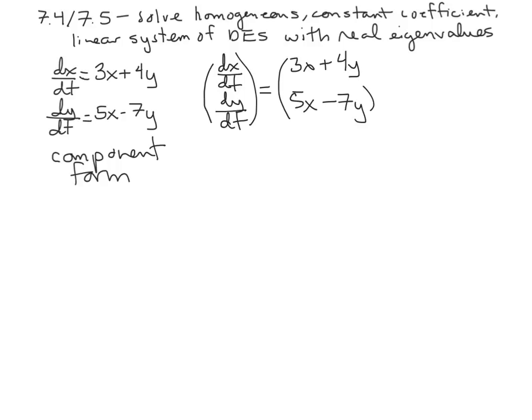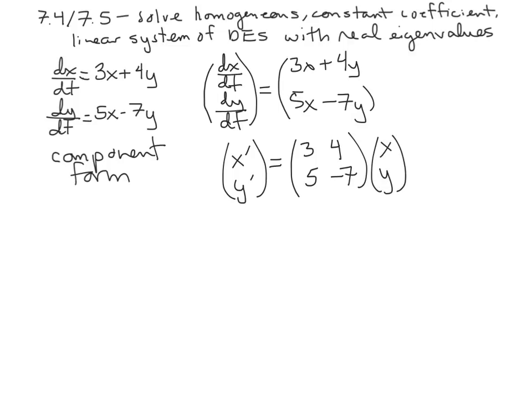I could say that that is x prime, y prime. Let's take out the independent variable. And then on the right hand side, I could use matrix multiplication and say that that right hand side is the matrix 3, 4, 5, negative 7 multiplied by the vector x, y.